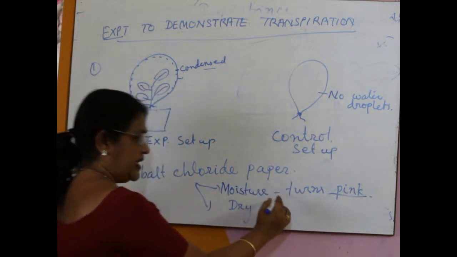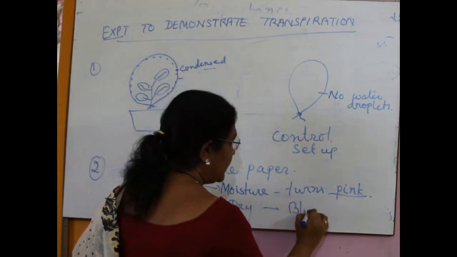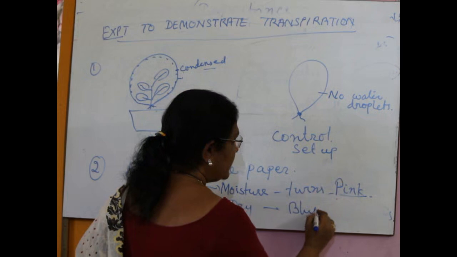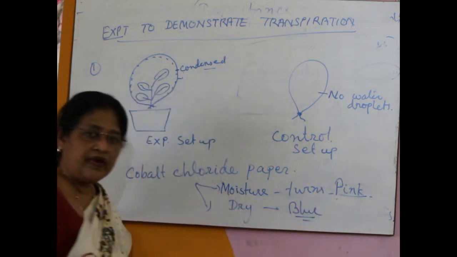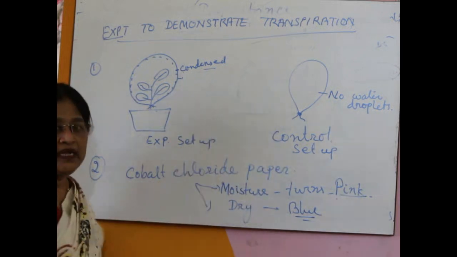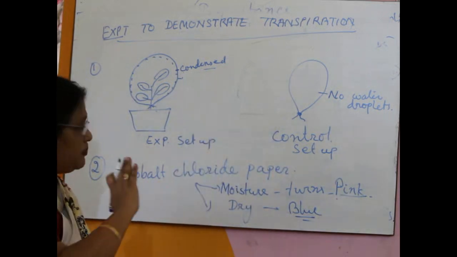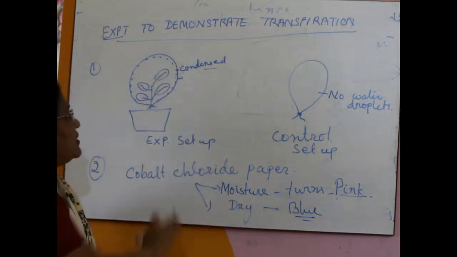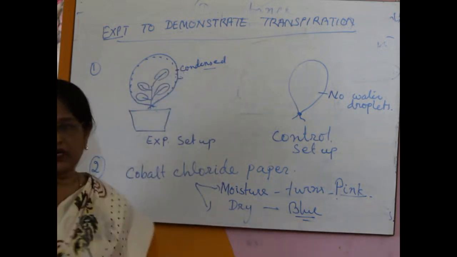When it is dry, it is blue in color. This is pink, and this is blue, right? When the cobalt chloride paper changes from blue color to pink, it is a visual proof. One visual proof you have is about the condensation of the water droplets.